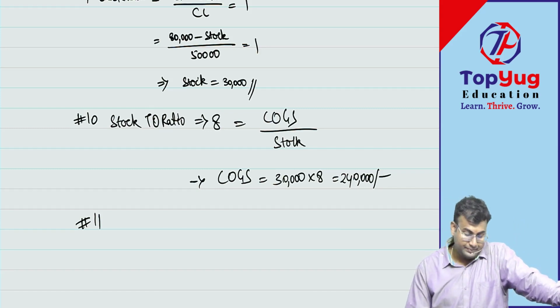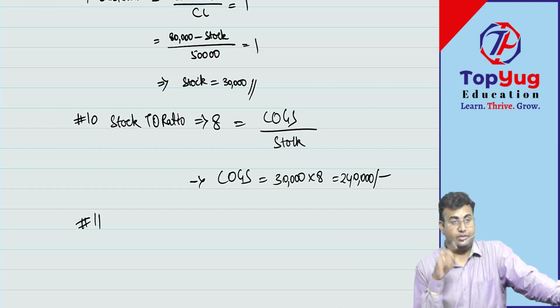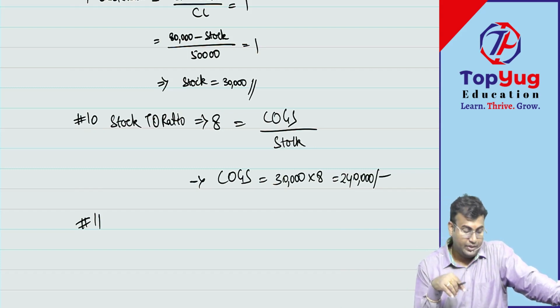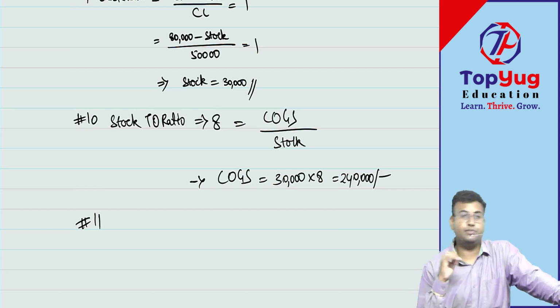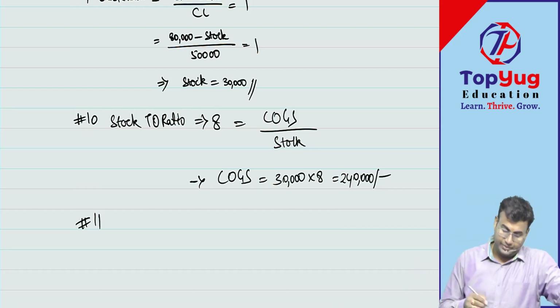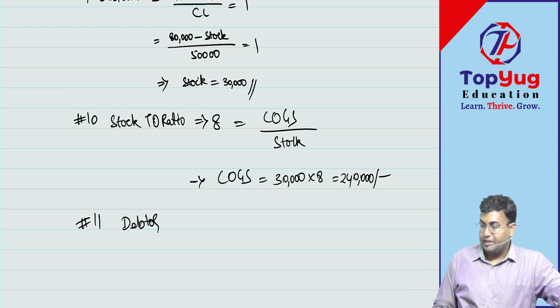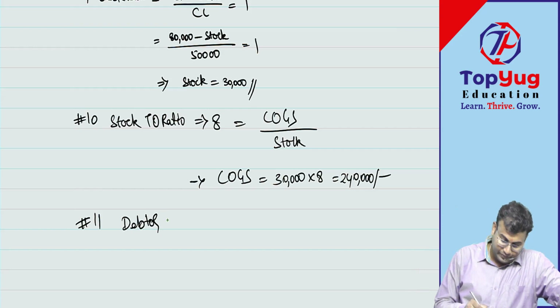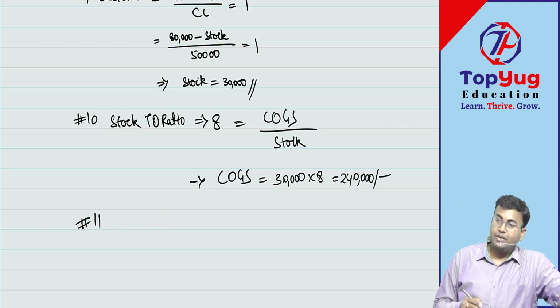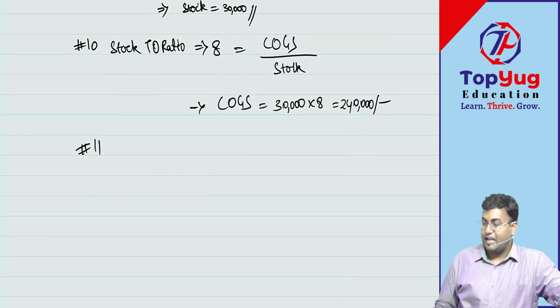Sir, in this problem there is an institute's mistake. I'm telling you upfront. I will calculate the stock sales as per receivable management also. That is debtors management. Let us see debtor turnover ratio. Is it given to you? Before we calculate the debtor turnover ratio, first of all let us calculate debtors.